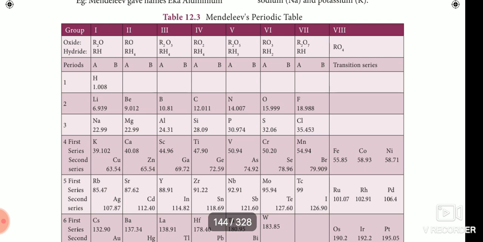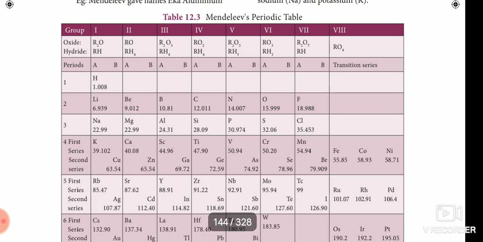Aluminium Al has atomic mass number 24.31, then silicon atomic mass number 28.09. So below aluminium and silicon the elements are named eka-aluminium and eka-silicon. So this table is motivation to experiment in chemistry.